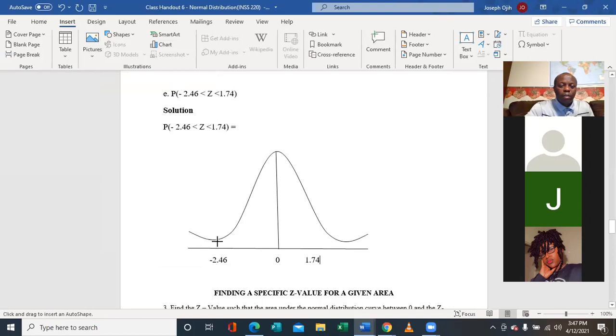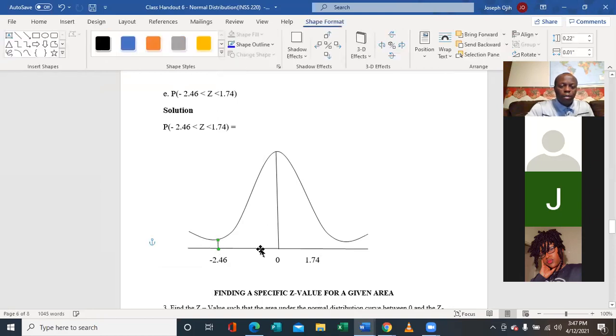This is for 1.74, and this is for the z value of negative 2.46. Now it says between them, that means between here and here. So we shade this, and that will give us the area we're looking for, the probability we're looking for.